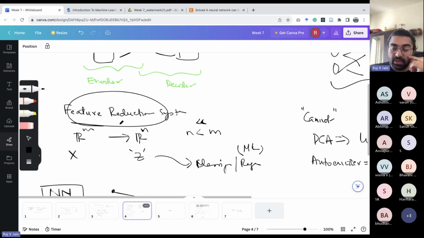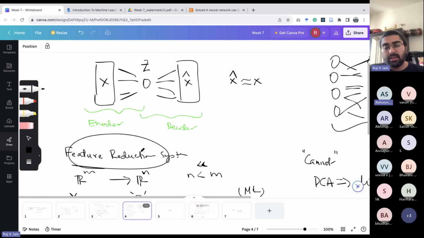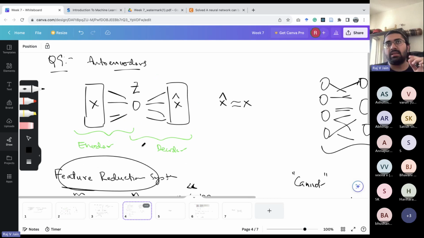You use that to reduce the feature dimensionality. You go from a high dimensional space to a low dimensional space. Now, in the case of PCA, I wouldn't say there is a right algorithm, but there is a heuristic to choose the number of dimensions. You say, I will choose a number of dimensions where I can capture, let's say, 90% or 95% of the variance. Here, there is no heuristic like that.